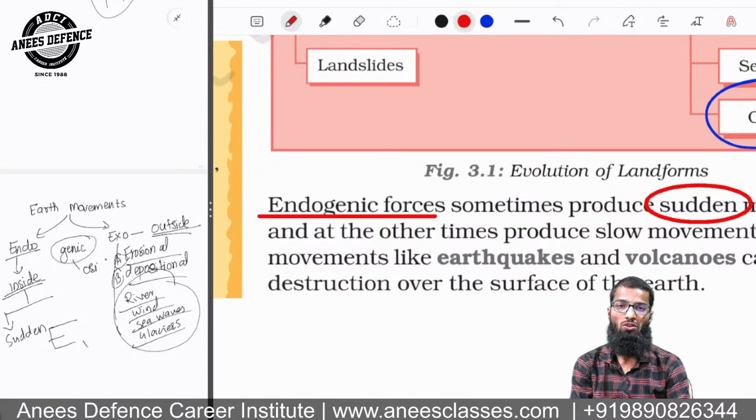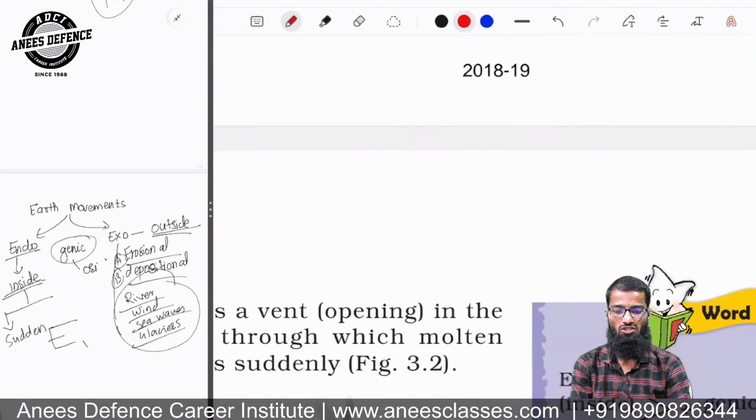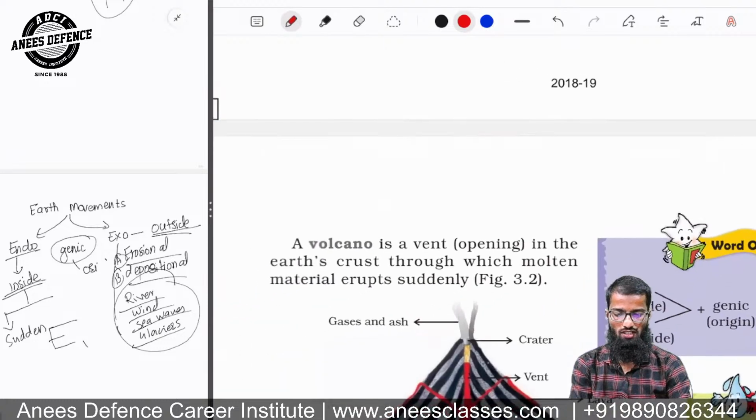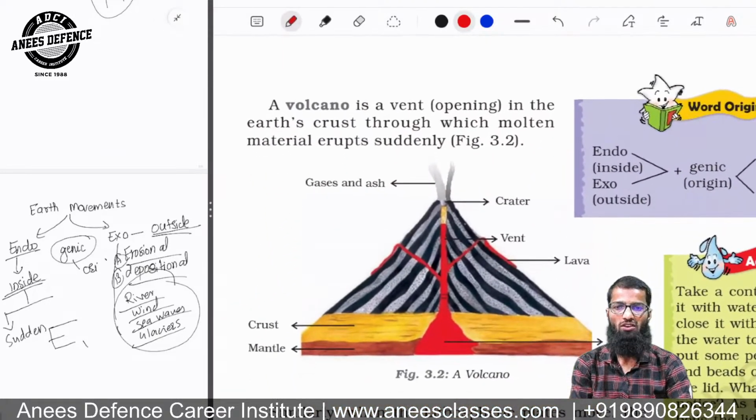The name of the country has been changed to Türkiye. Earlier it was called Turkey. So you can see that lakhs of people have been killed due to the devastation caused by the earthquake.